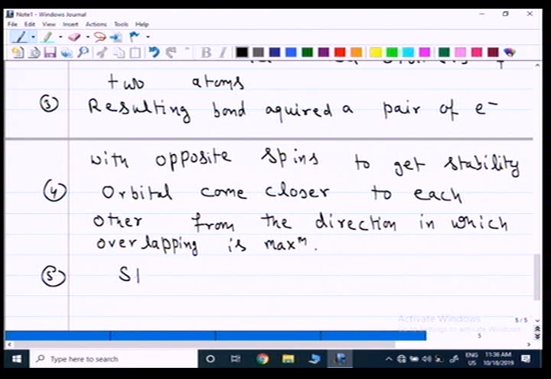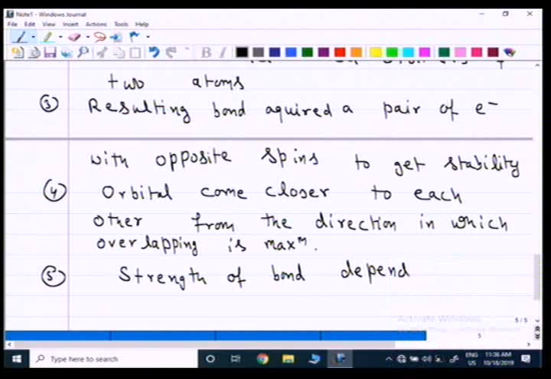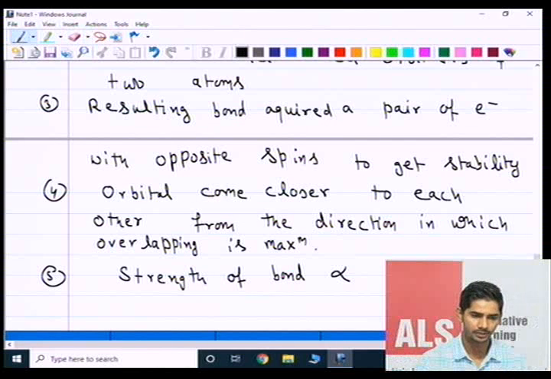Strength of bond depends on extent of overlapping, or we can say it is directly proportional to the extent of overlapping. Quite an important point.